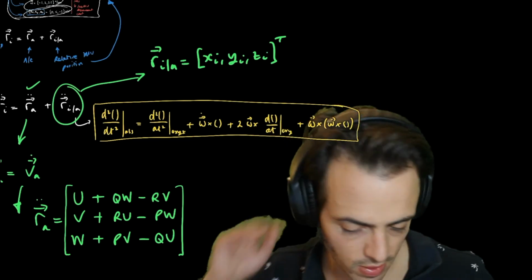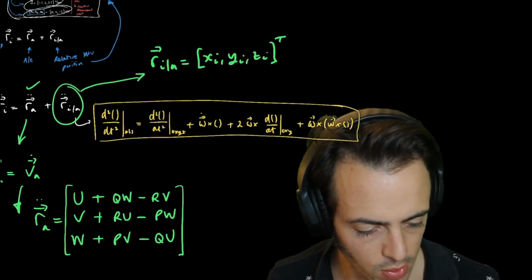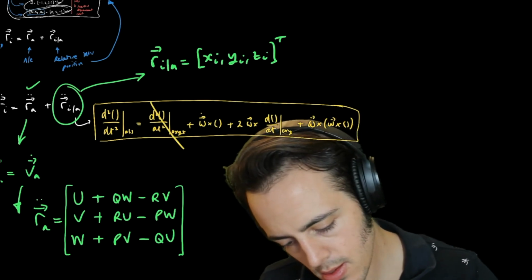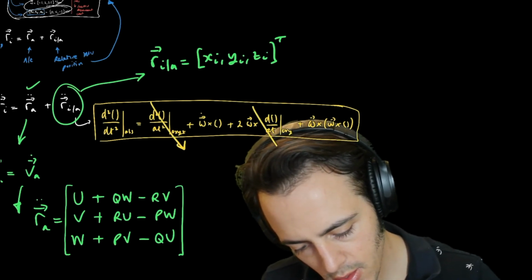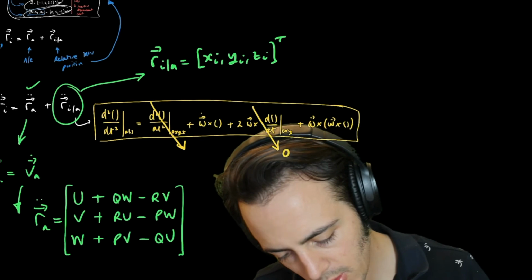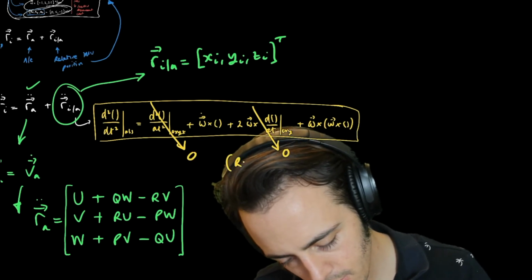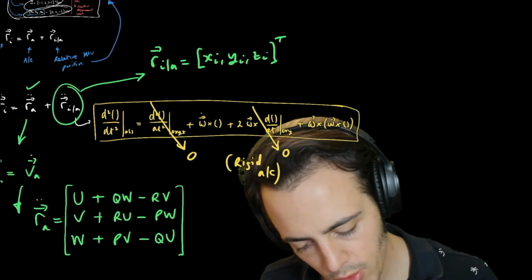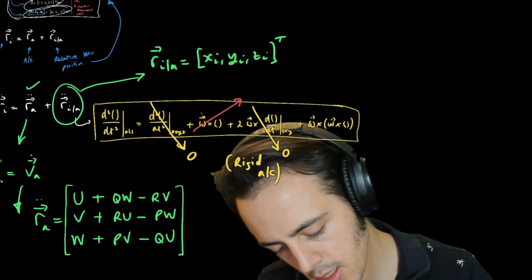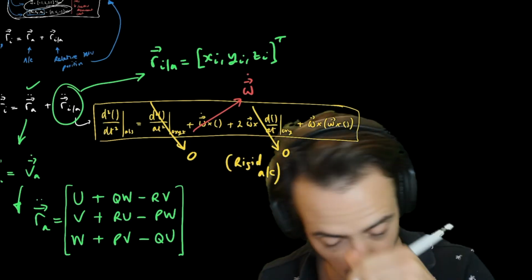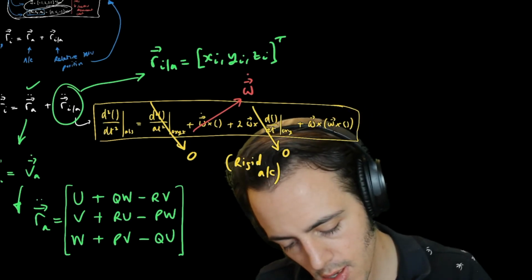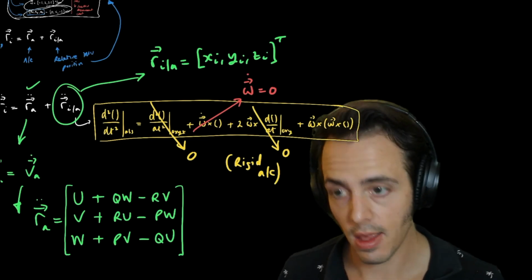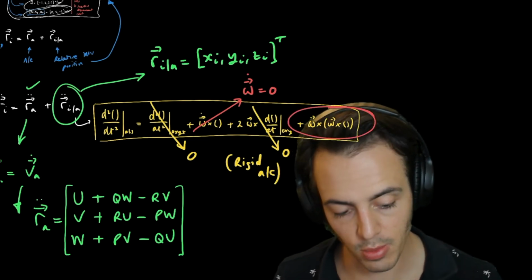Now we can be a little bit smart here, and we can see that if we're using the Coriolis identity, we've got a rigid aircraft, so these two terms go to 0. And in all of this course, we'll be able to assume that the angular acceleration is 0.